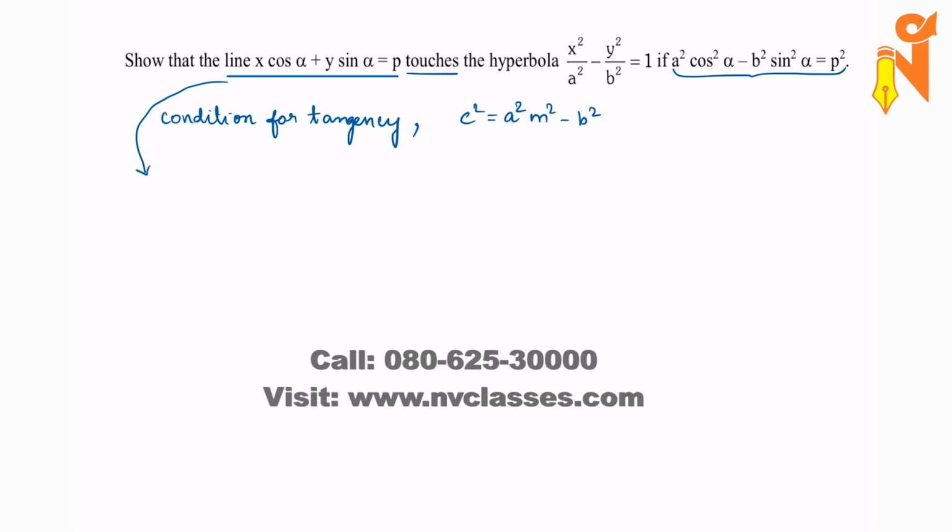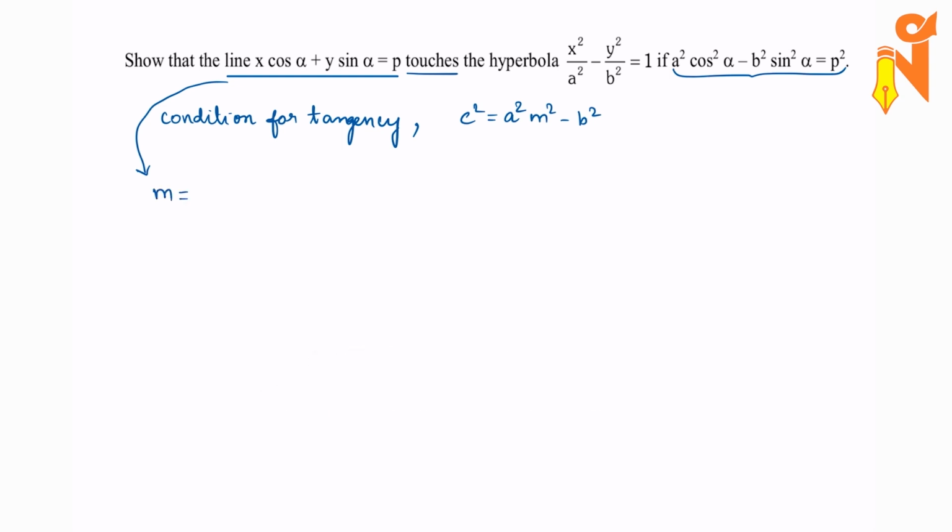So from this, slope is minus cos alpha by sin alpha, which is minus cot alpha, and y-intercept c is p upon sin alpha. Just substitute the condition of slope and y-intercept.